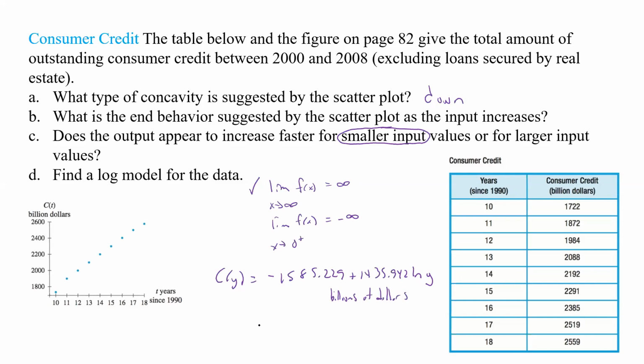And we need to say that y is years since 1990, and y is going to be less than or equal to 18, but greater than or equal to 10. Okay, and so that would be our model for part D.